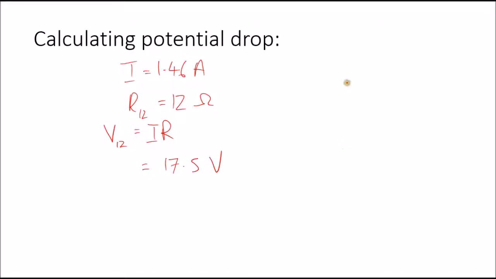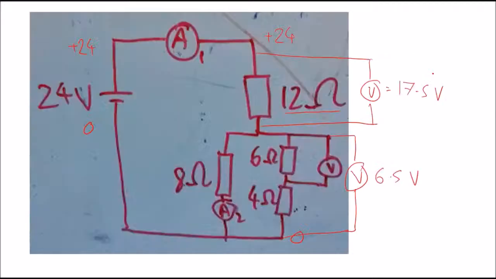We could have equally used the resistance from the parallel part of the circuit, where we know that R parallel was 4.44 ohms. Now the current going through the 12 ohm resistor is the same as the current going through the whole of that parallel circuit. We don't know how it's splitting up yet, but we know that all of that 1.46 amps is flowing down these two branches of the circuit, some of it down this side and some of it down the right hand side.